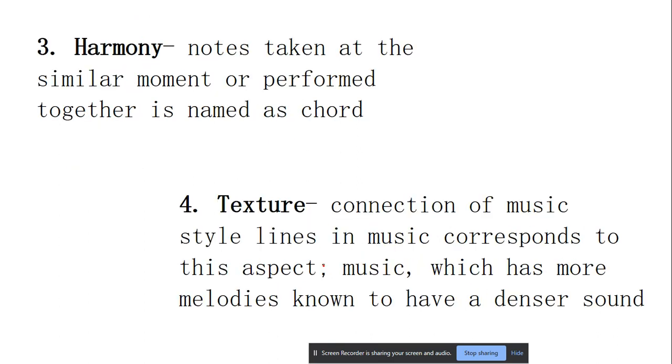We also have the harmony, notes taken at the similar moment or performed together is named as chord. And likewise, we have the texture, the connection of music style lines in music corresponds to this aspect. Music, which has more melodies known to have a denser sound.